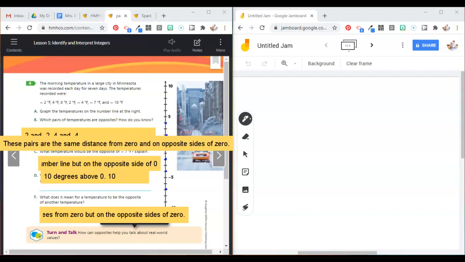Okay, and that's all for building understanding. Now the next section is going to be called check understanding, and you'll see what that is in just one second.